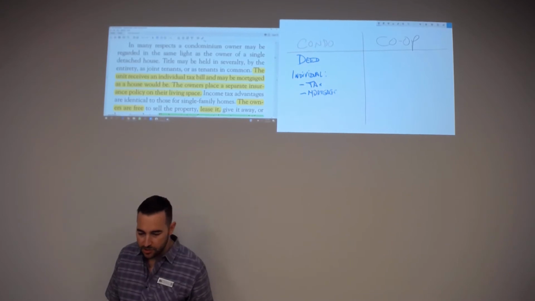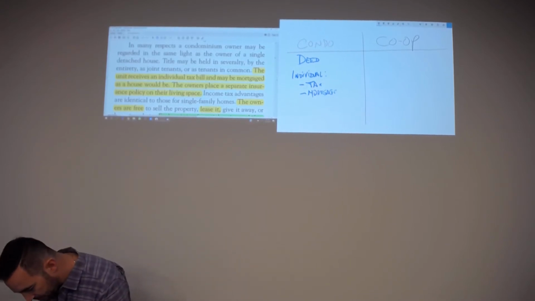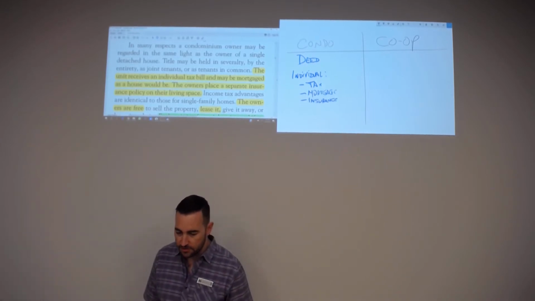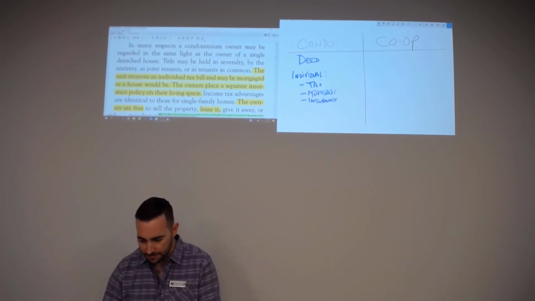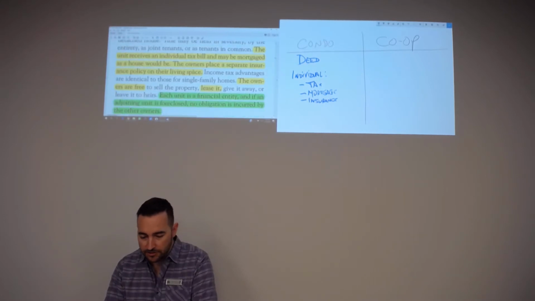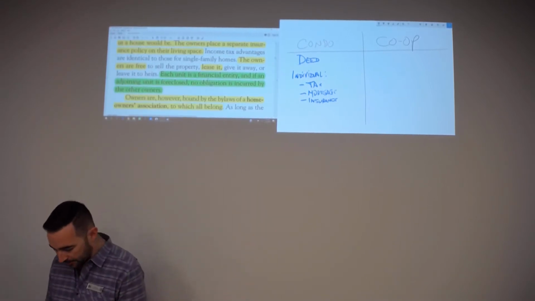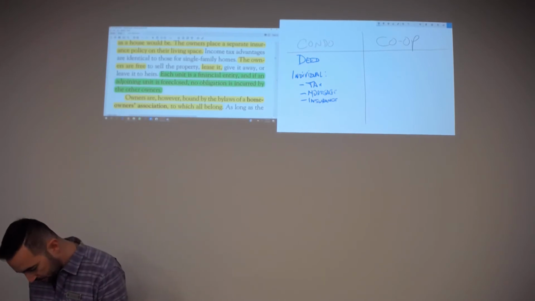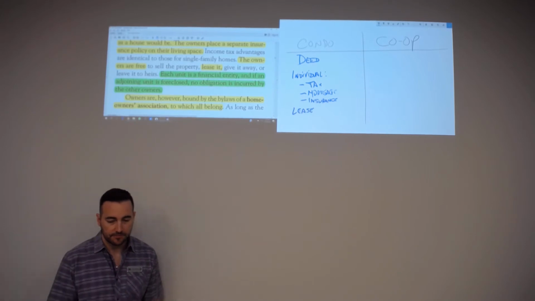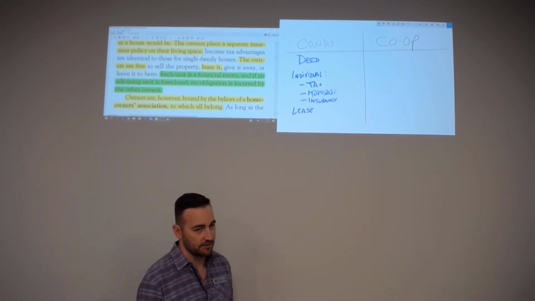The owners also place a separate insurance policy on their living space, okay? Income tax advantages are identical to those for single-family homes, and the owners are free to sell the property and lease, give it away, or leave it to the heirs. You can do whatever you want.